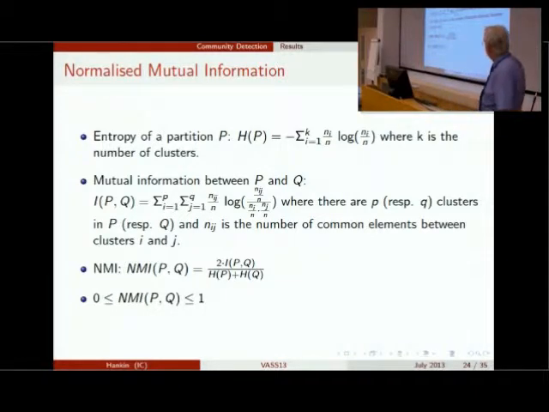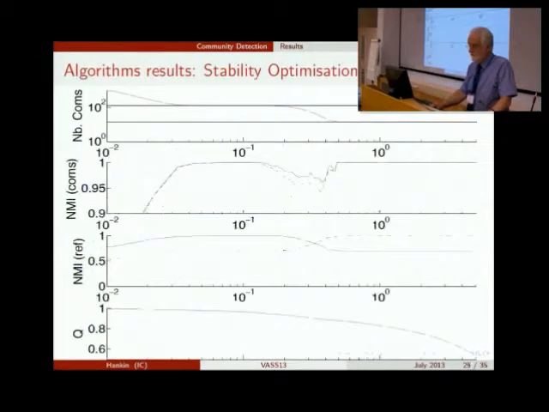This ensures that NMI is a measure between 0 and 1, so essentially it's like a probability of similarity between the two partitions, the two divisions of the network into sets of communities.